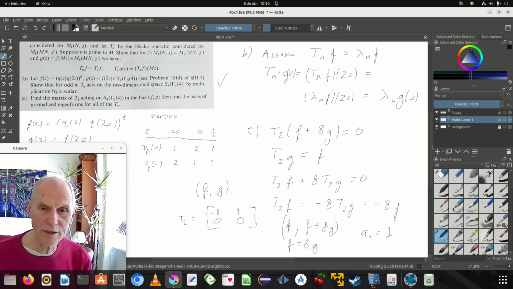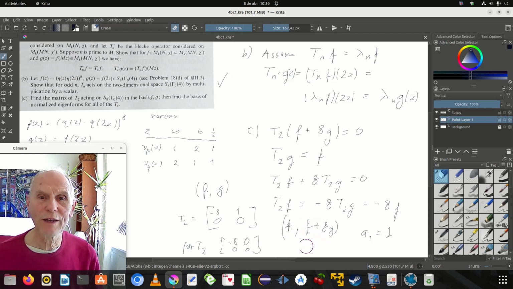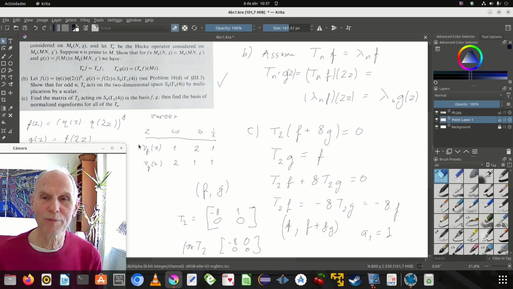And in that basis, the matrix becomes minus 8, 0, 0, 0 for T2. So we didn't have to find the eigenvalues for all the Tn's. That was what stopped me dead in my tracks before. I believe this solves problem 4.